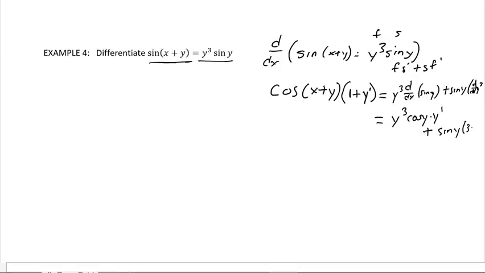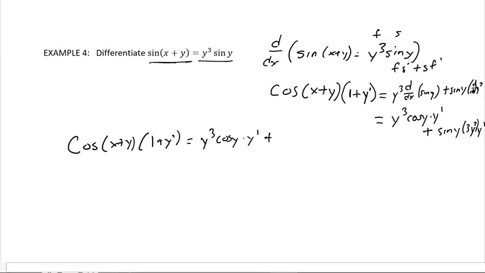Now, I'll move over here, save myself a little room. I'm going to rewrite that. Cosine of x plus y times 1 plus y prime equals y cubed cosine of y times y prime plus, I'm going to bring 3y squared out front, sine of y times y prime.